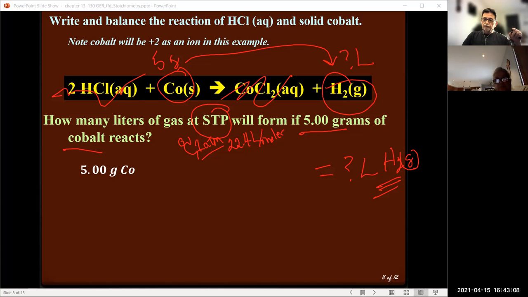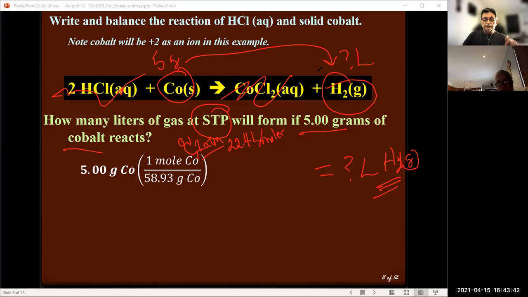So the very first conversion factor I have is my atomic weight of cobalt that will convert that 5 grams of cobalt to moles of cobalt. And notice here that I'm dividing when I start with grams, I divide by the atomic weight or molar mass to give me moles. So at this point, the calculation would give me moles of cobalt.